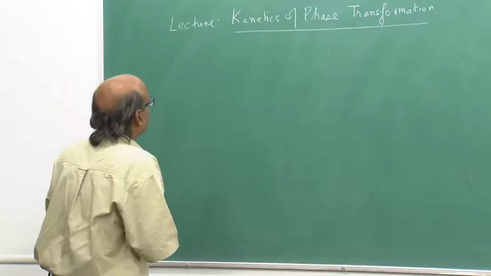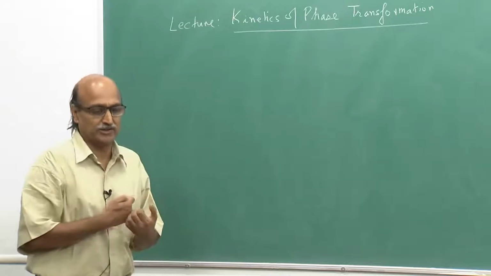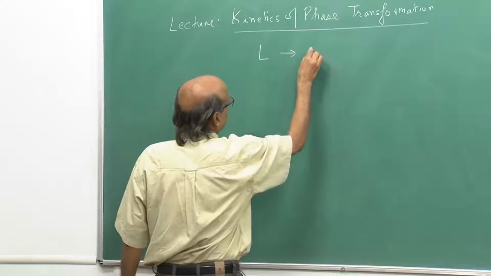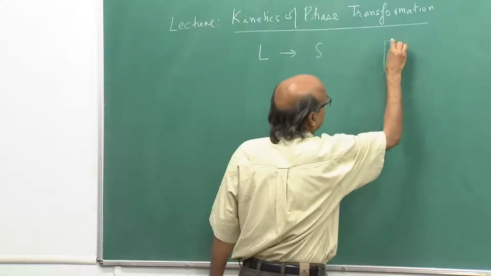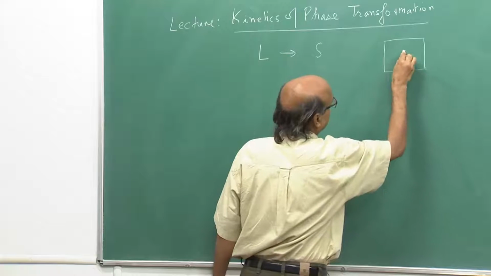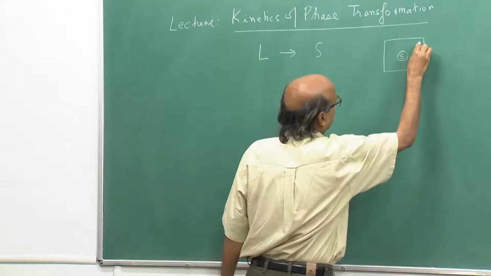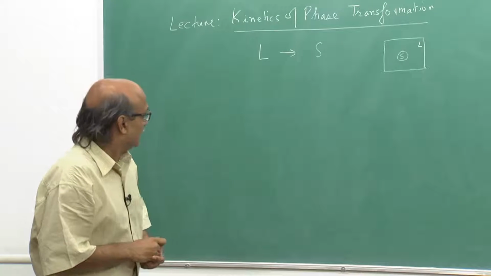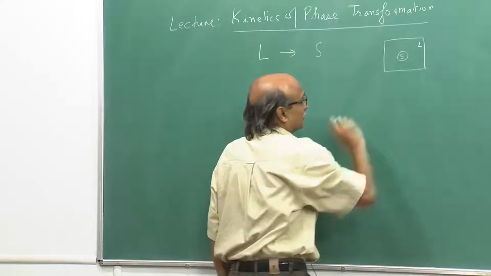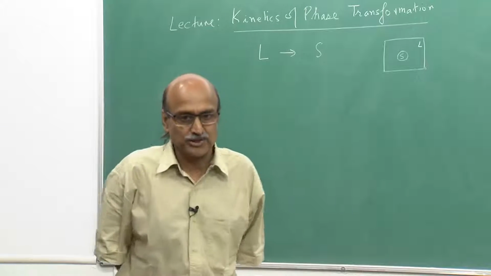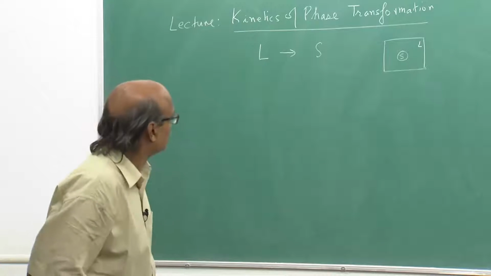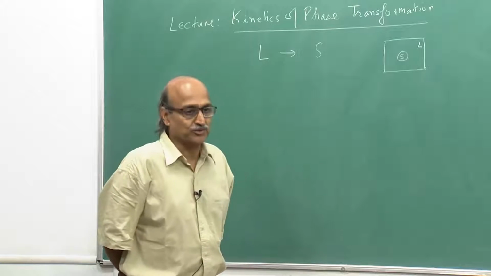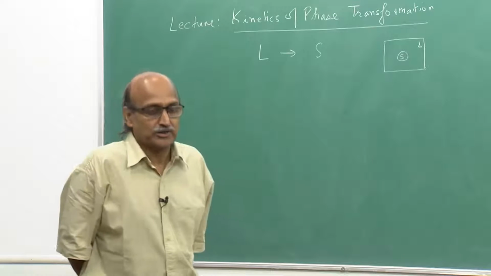So, for example, if we consider liquid to solid transformation, first in the liquid phase, a solid nuclei must form before the phase transformation can take place. Now, in the formation of this nuclei, as Professor Mandal was talking about in the earlier lectures, there is a critical size of nuclei that needs to form for it to become stable.